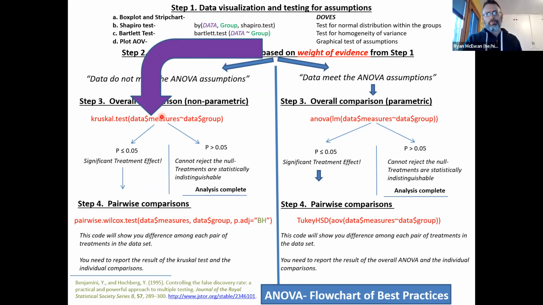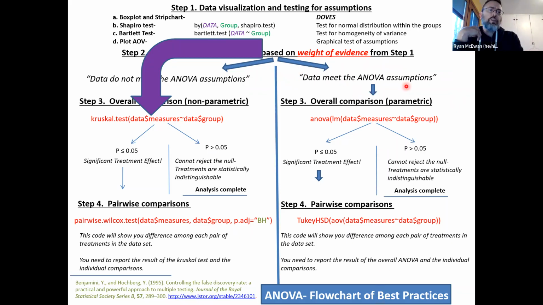So we'll stop and say, again, this is a little bit advanced, but some practitioners would have you at this moment do some transformations. Okay, let's do log transformation or square root transformation. If you don't know what I'm talking about, just ignore this. But there is a school of thought that what you do is then transform the data to try to force it to meet the ANOVA assumptions, so you can come down this path.